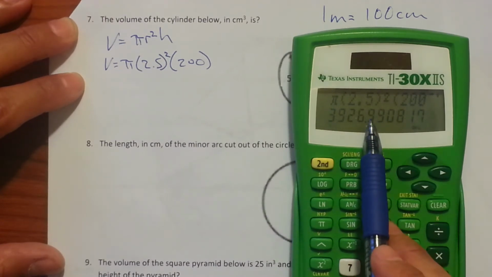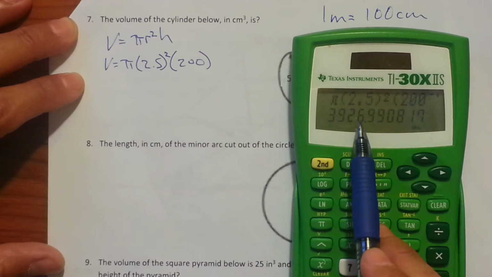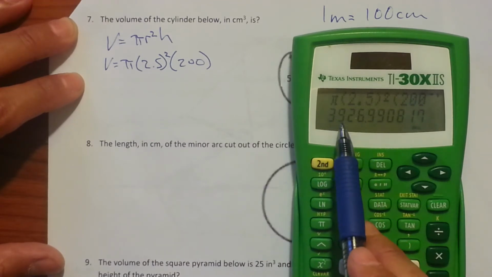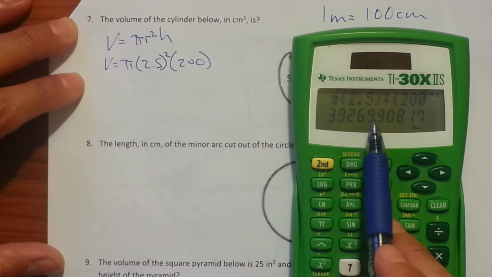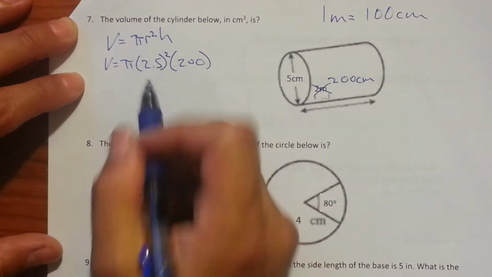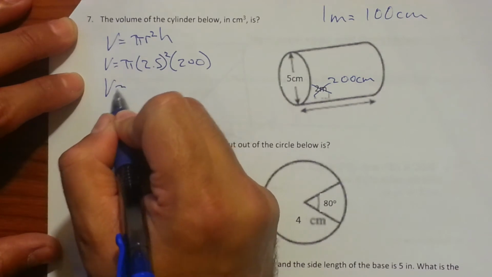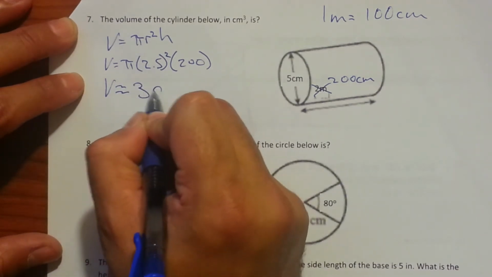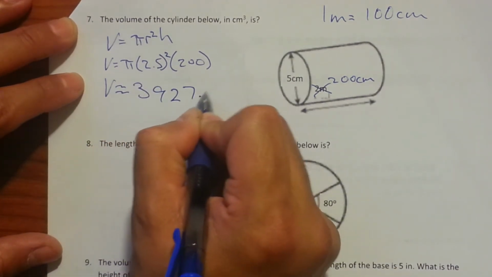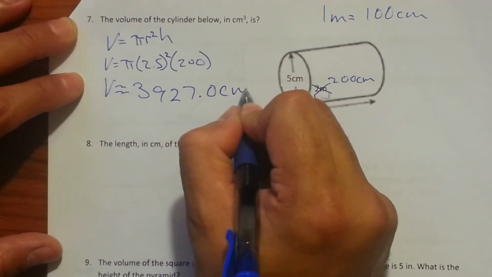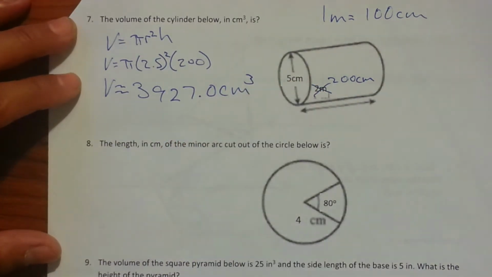So if that turns into a 10, that's going to make that go up. So I'm going to have 3927.0, because that 9 makes that 9 go up too. So my volume is going to be about 3927.0 centimeters cubed.